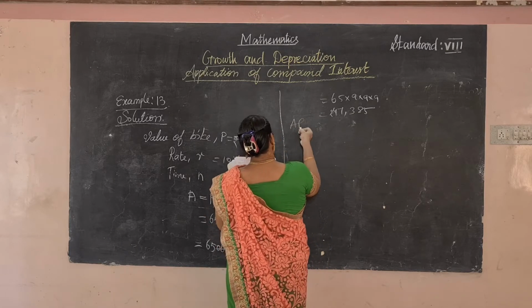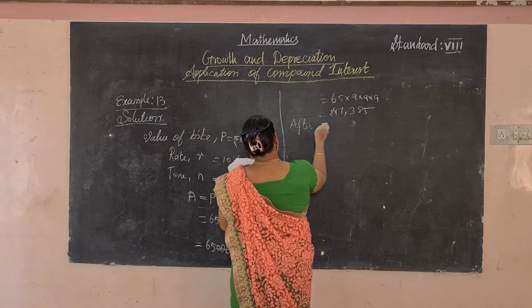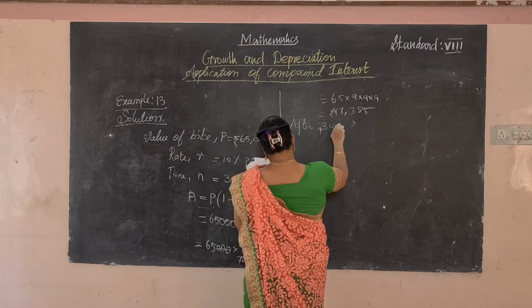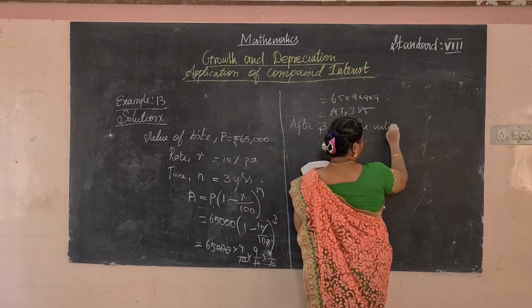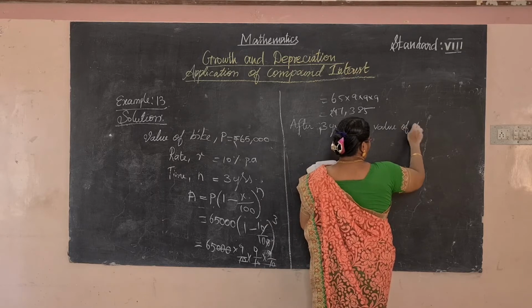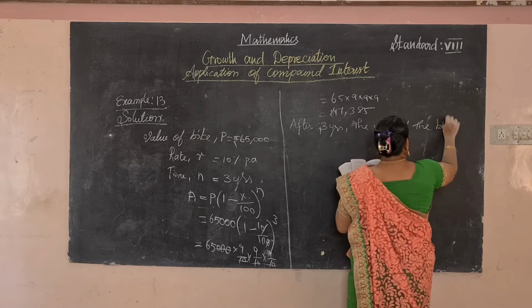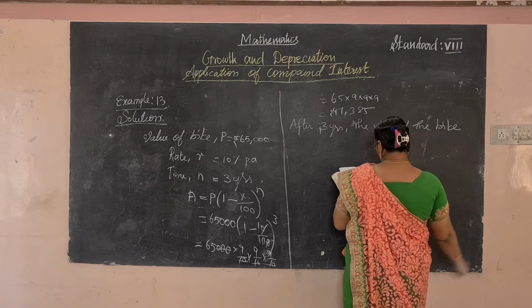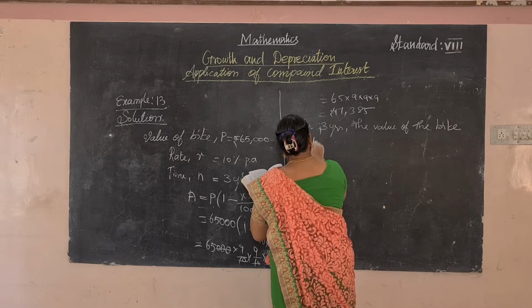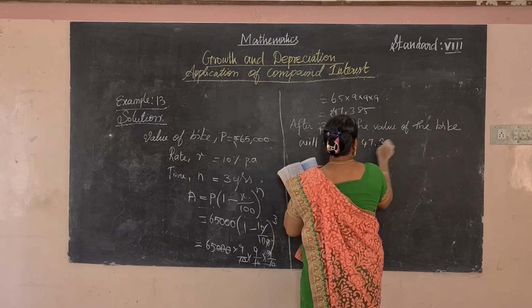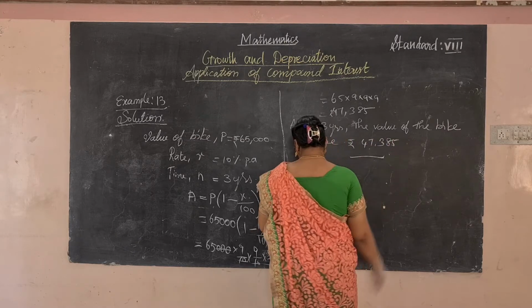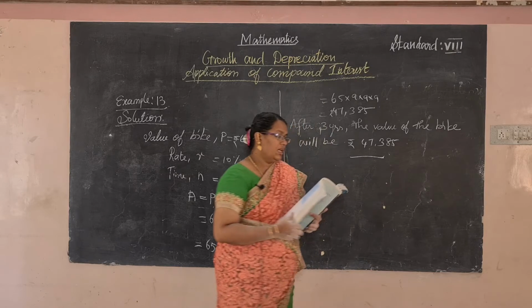After 3 years, the value of the bike will be rupees 47,385. Okay. Now see example 14.